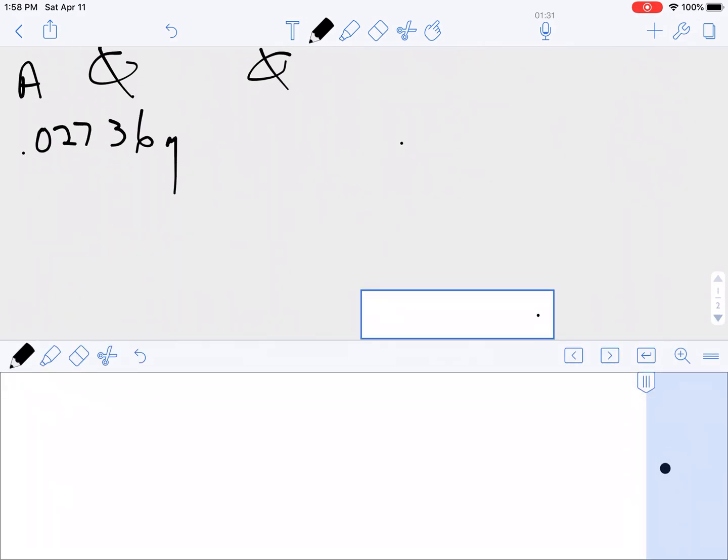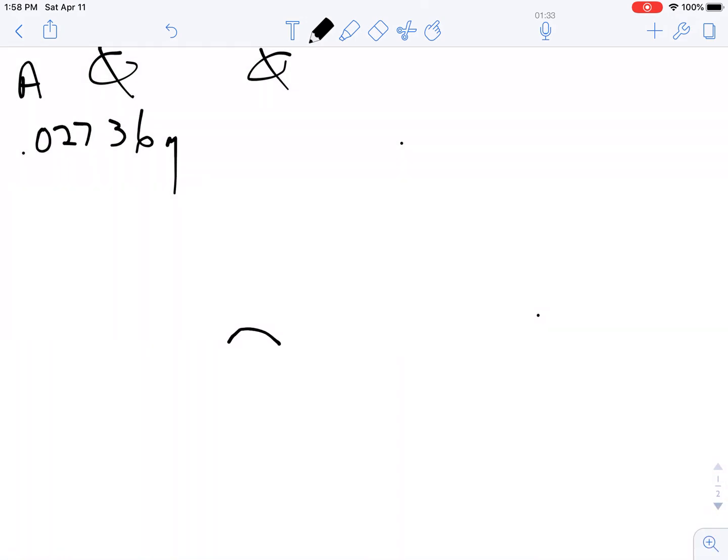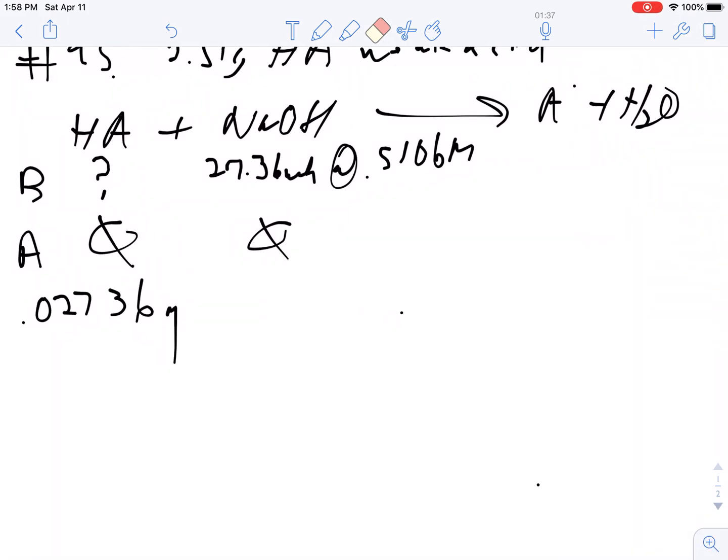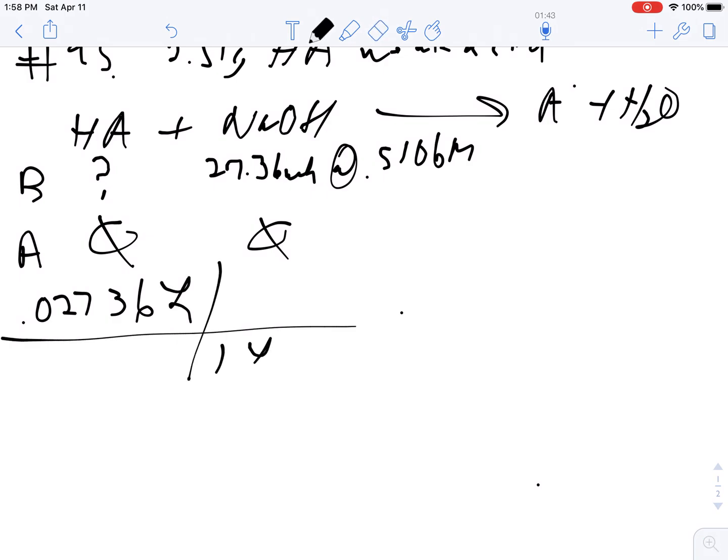That many liters. And for every 1 liter, I get 0.5106 moles.